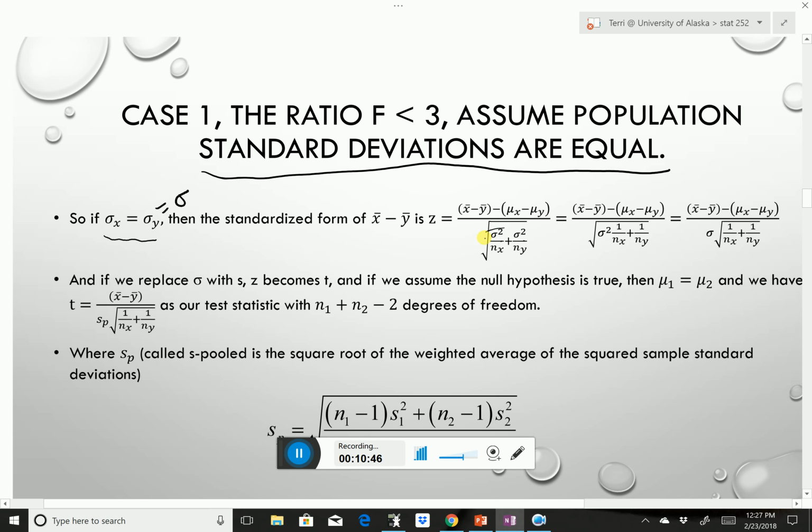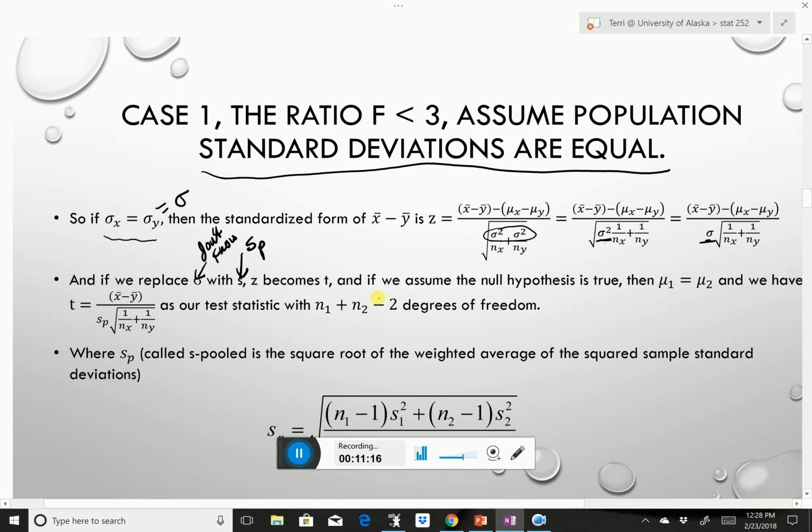Well, if these are the same, these can be factored out. And then now I have the square root of sigma squared. So now I can just put this sigma on the outside. So if we replace sigma with s, because remember, we don't know sigma. We don't know this. Z becomes t, and actually we're replacing this with an SP because of pooled standard deviation.